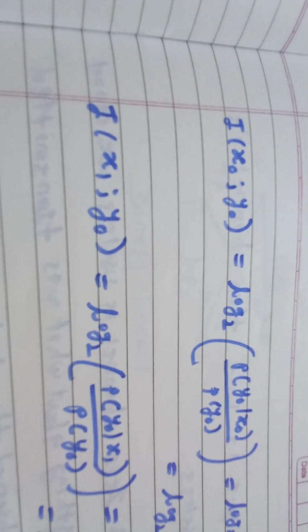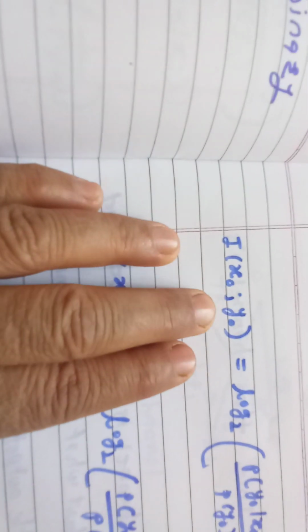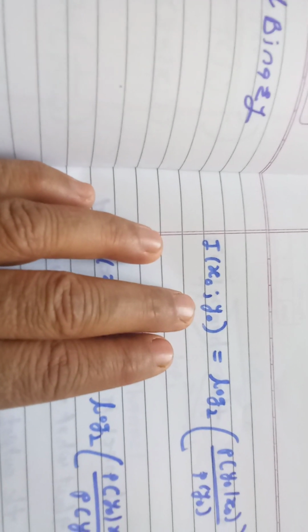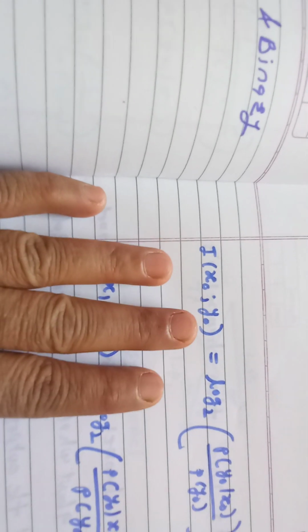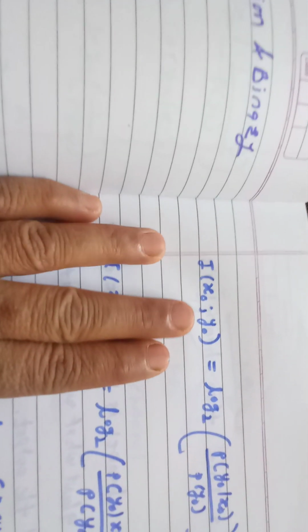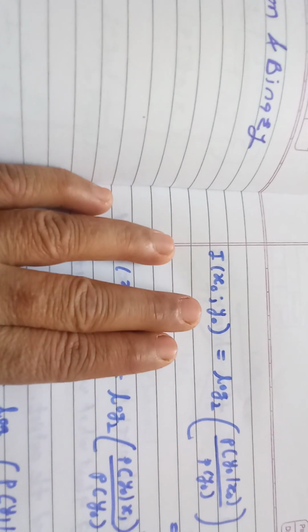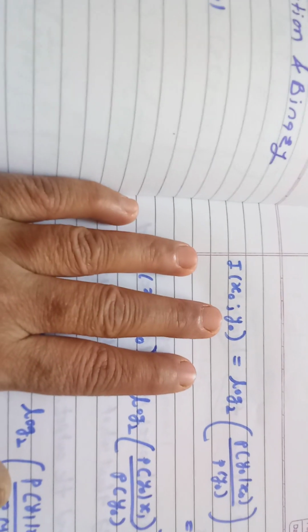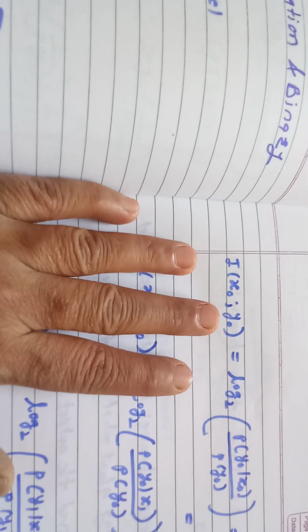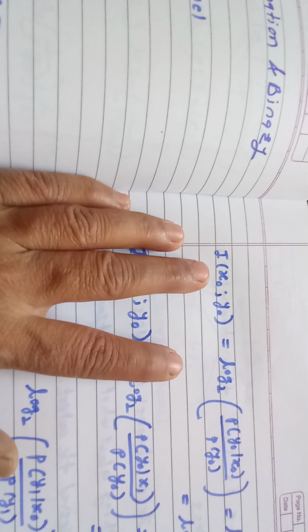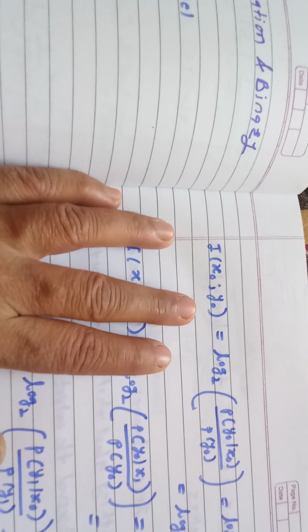Now mutual information I x0 semicolon y0 means what? It is the information you get if you have observed that y0 is received. That means you received a y0, then what is the information you get? That x0 is transmitted. That is the mutual information I x0 semicolon y0.